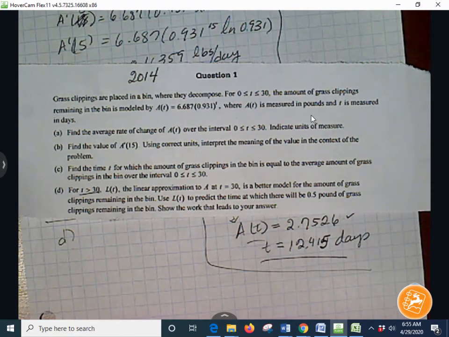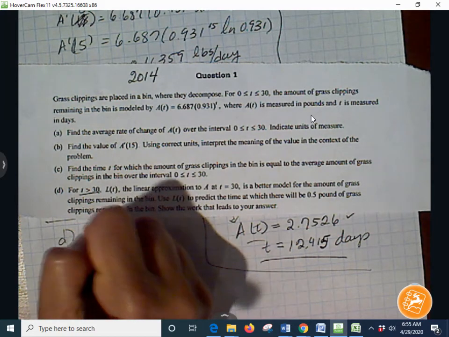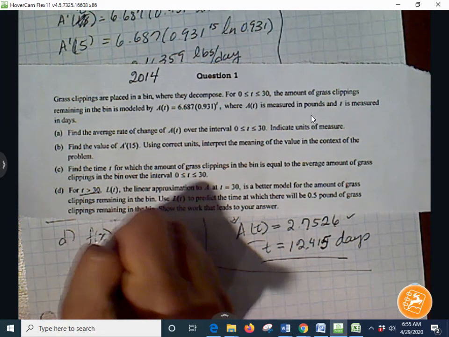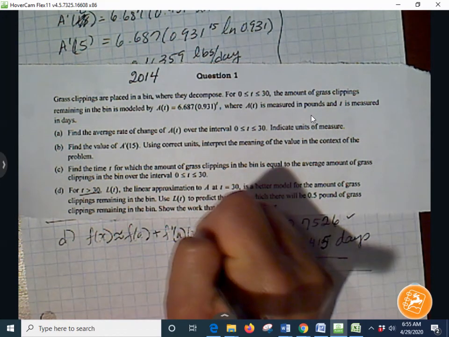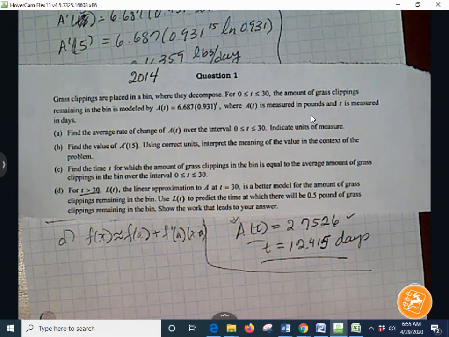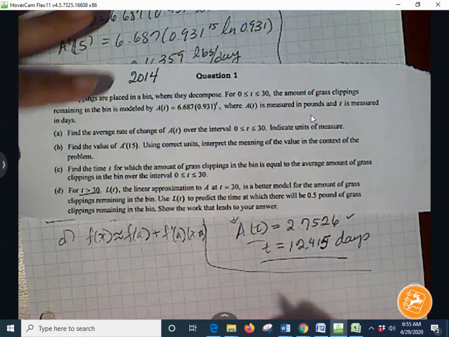Okay, so let's think about linear approximation. F of a plus F prime of a times x minus a. That was our linear approximation formula. They're talking about when time is equal to 30, so how would I transfer this?